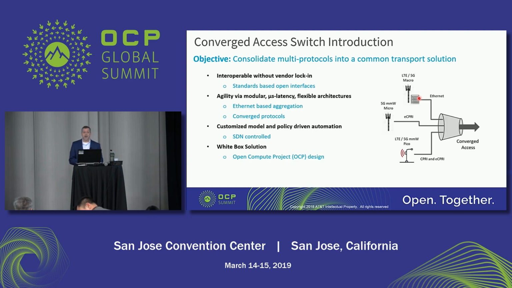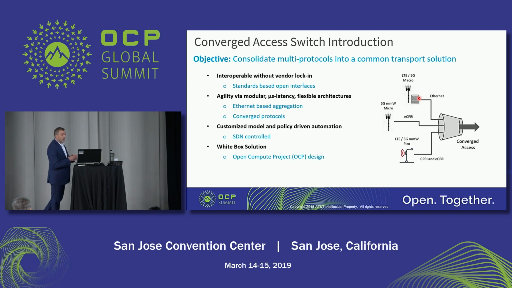The requirement for this device is that it's standards-based, ORAN, XRAN compliant, so that we can have interoperability among different providers. We also want this box to be very flexible, and we achieve that flexibility through modularity. Modularity to support different types of traffic, as well as different vendor implementations for legacy CPRI-based systems.